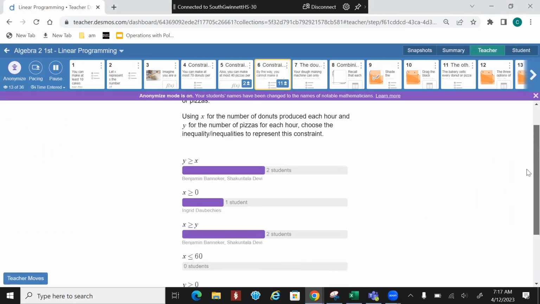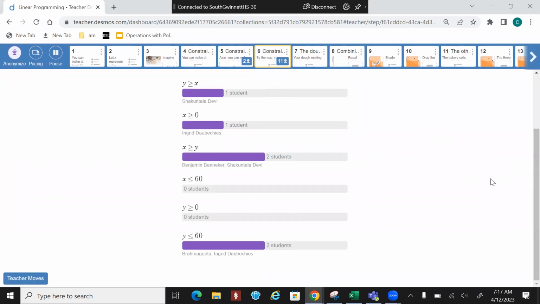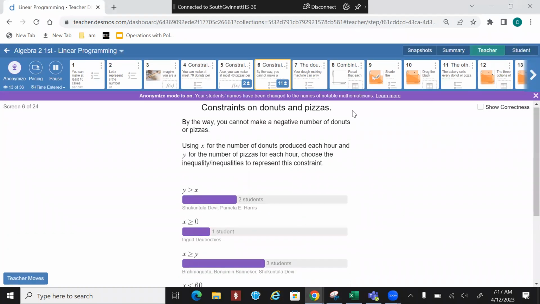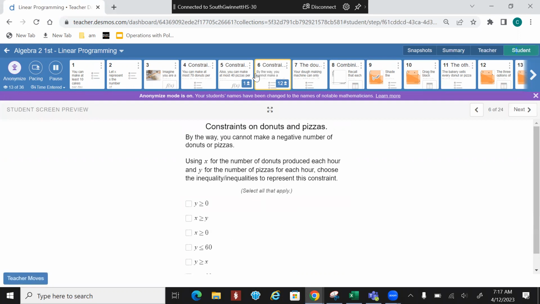All right, so I see some people picking x is greater than or equal to 0. Somebody put y is greater than or equal to 0, or y is greater than or equal to x. But remember, these are two separate instances. We're talking about the donuts and we're talking about pizzas. So looking back at our options, we could have 0 pizzas, right?